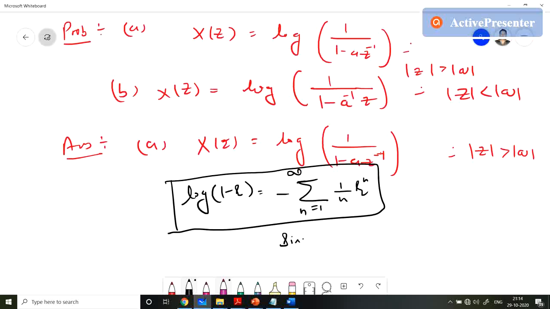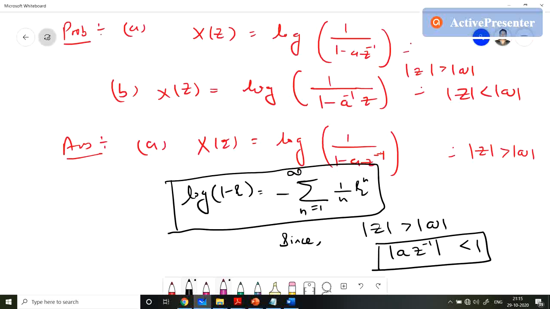Since mod z is greater than modulus of a, it means that we have modulus of a z inverse should be less than 1.